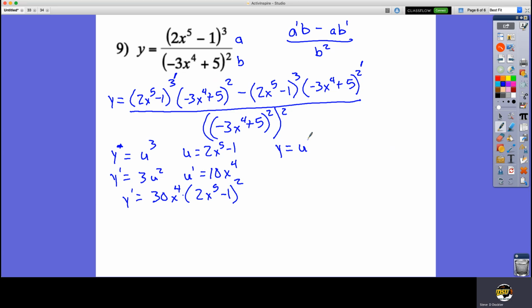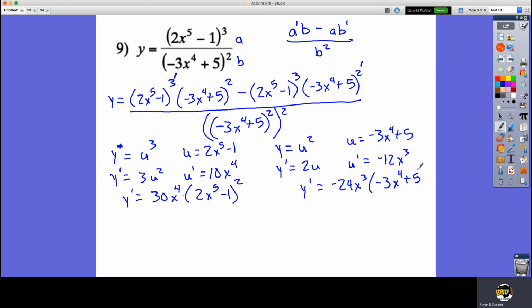So y equals u squared, where u equals negative 3x to the 4th plus 5. Y prime is 2u times u prime, which is negative 12x cubed. Multiply those together, we get negative 24x cubed times negative 3x to the fourth plus 5. All right, and then we just plug those in and then we're good.